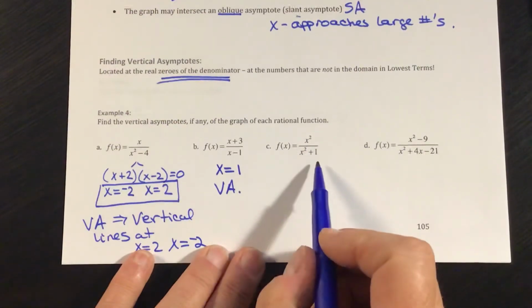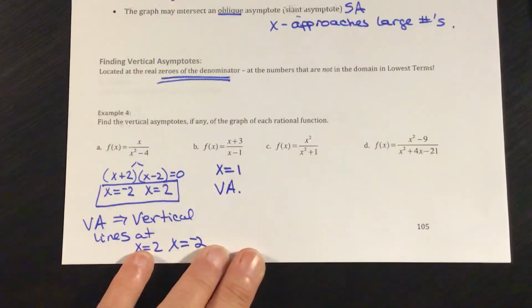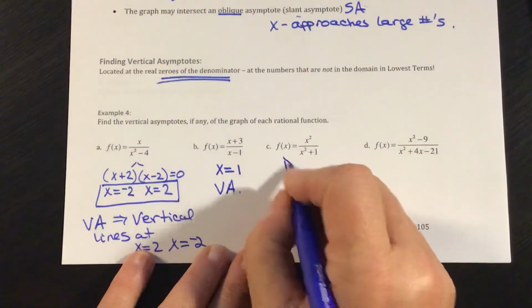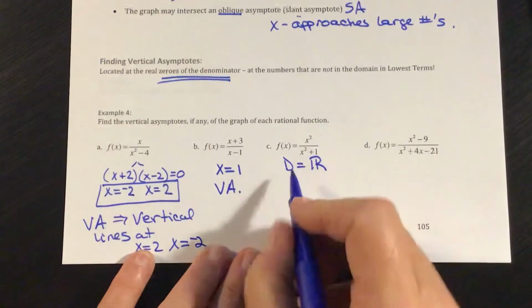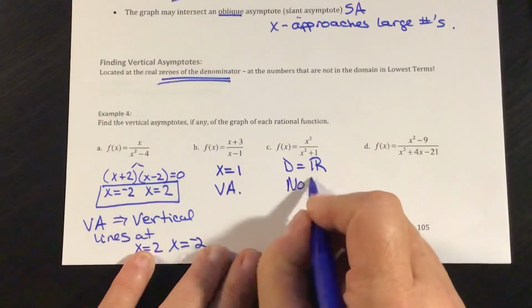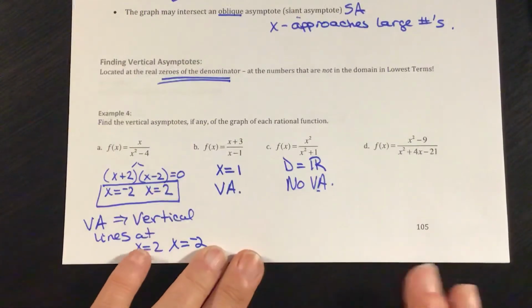Remember, we can't break up the sum of perfect squares unless I'm going to use imaginary numbers. But since we're using the set of real numbers, and here I would have my domain is all real numbers on this, there would be no vertical asymptote for this. Okay, so if I can't factor it without getting imaginary numbers, there's no vertical asymptote.